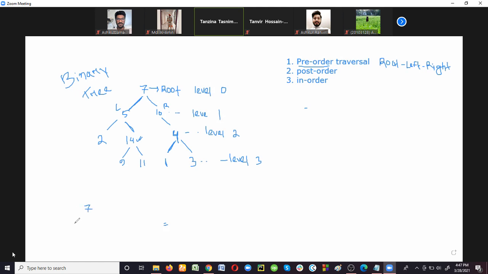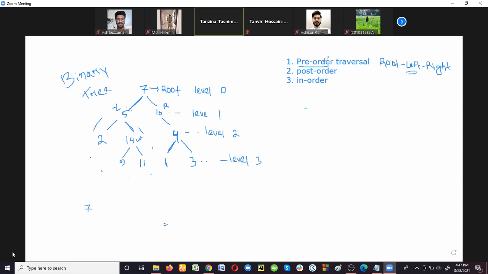Now this item 7 is visited, isn't it? After that, we have to process which subtree? The left subtree. That is 5. But when we are processing a node from this subtree, we have to find out whether that data item is a root node or not. Look at the subtree again.